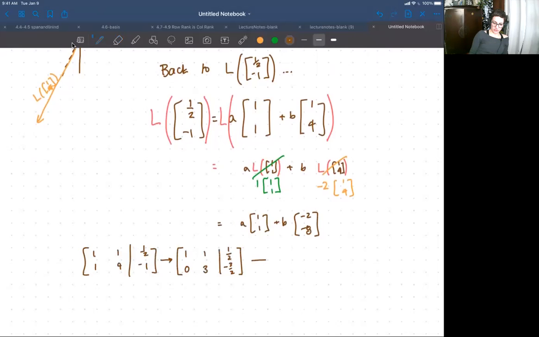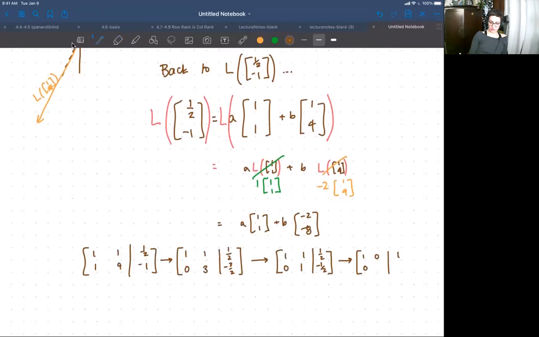And I'll row reduce this one more time. Permit me to be lazy and not write my row operations under these arrows, even though it's sort of bad form. I've got 1, 1, 1/2, and then 0, 1, -1/2 when I divide that by 3. And then I'm going to subtract row 2 from row 1 to polish this off. And so now I've got 1, 0, 1/2 minus -1/2 becomes a 1.